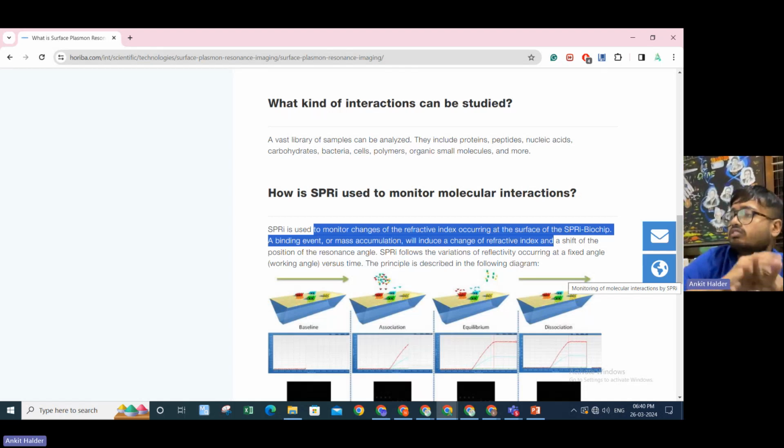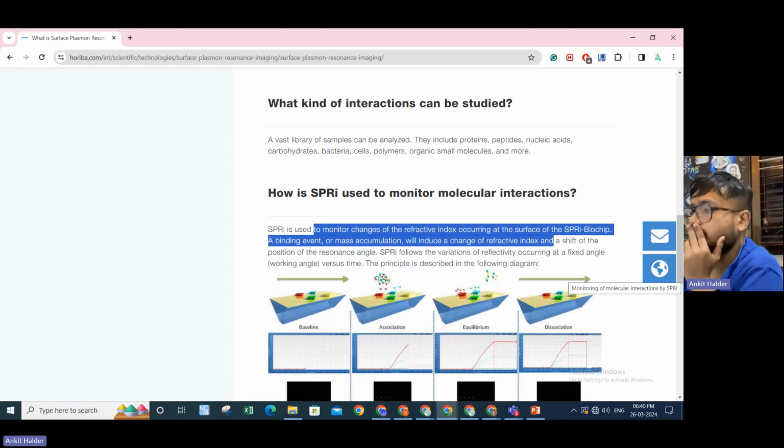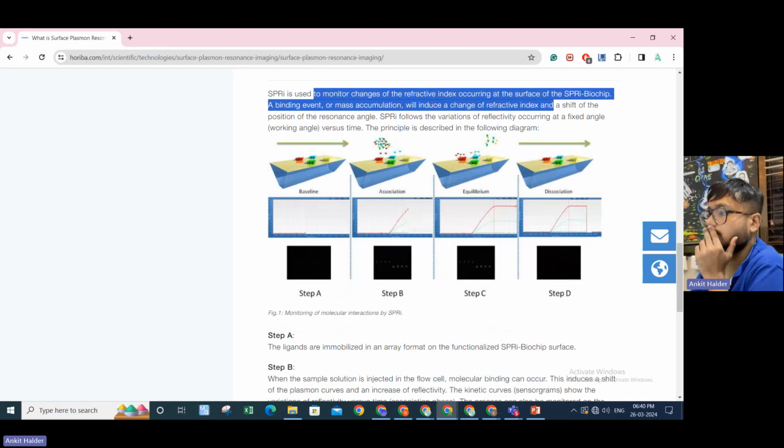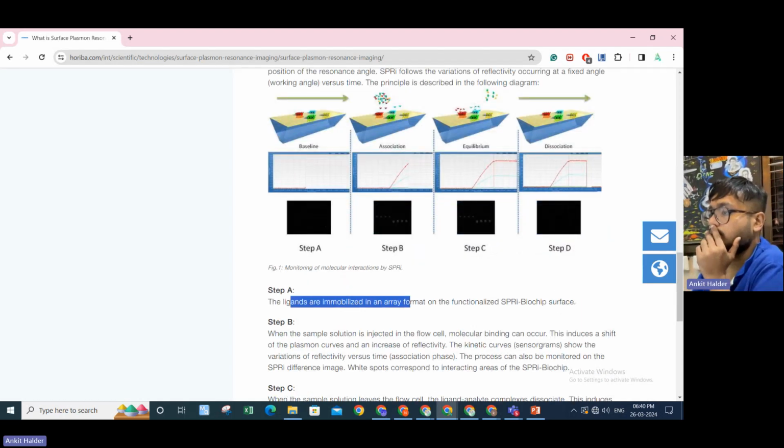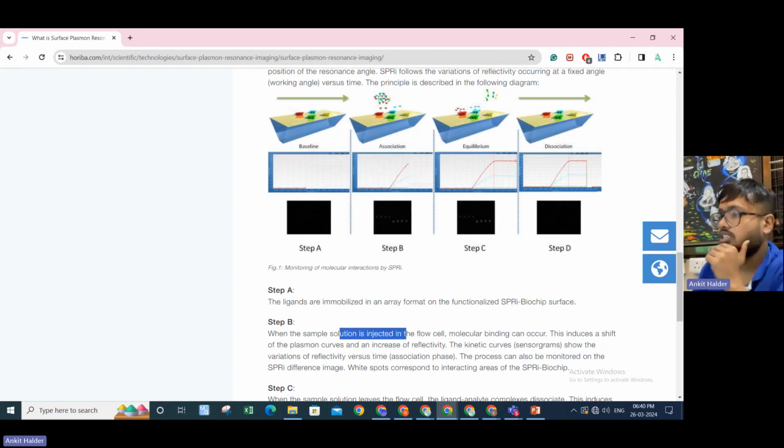SPRI follows the variation of reflectivity occurring at a fixed angle versus time: baseline, association, equilibrium, dissociation, when the sample solution is injected.